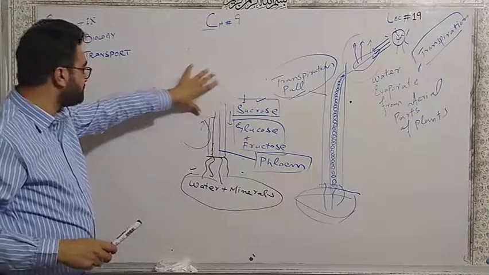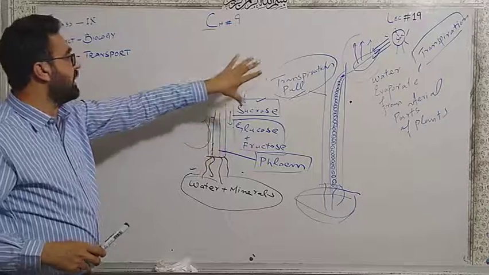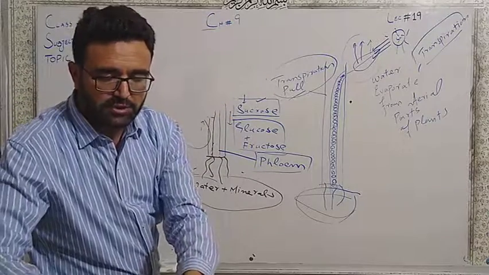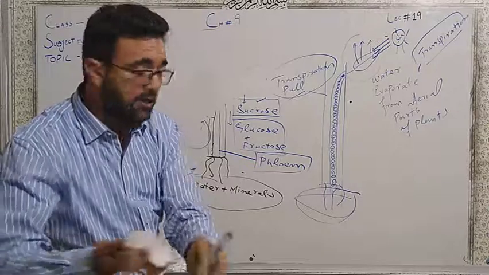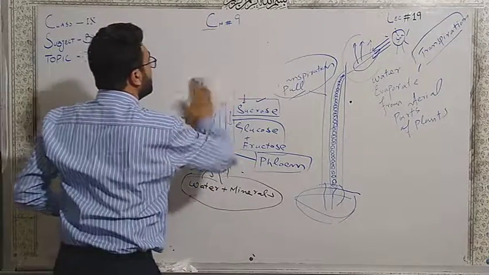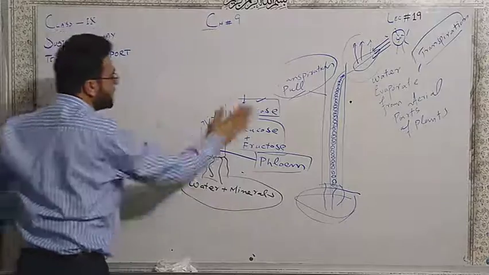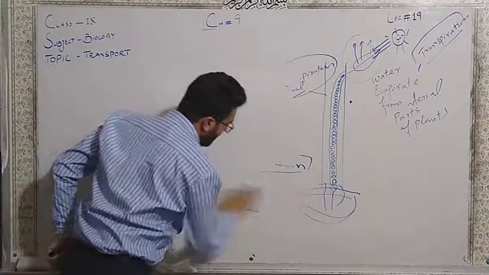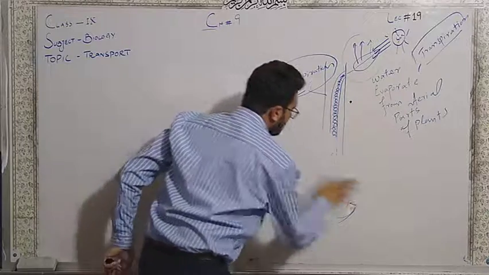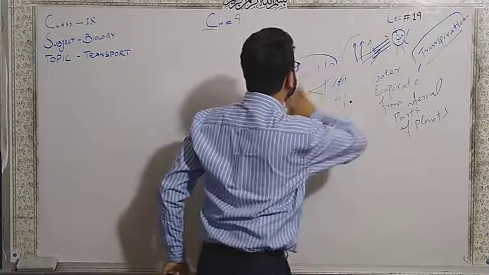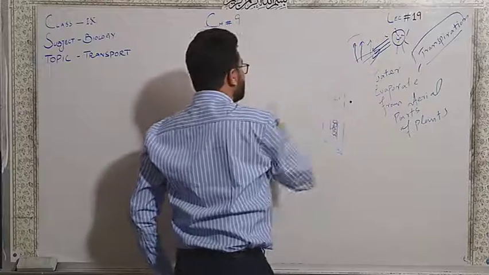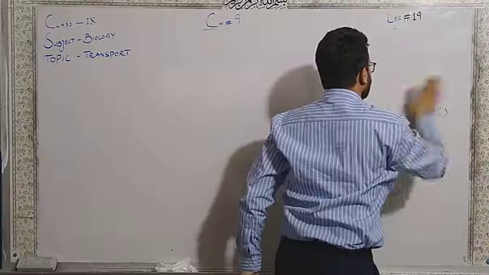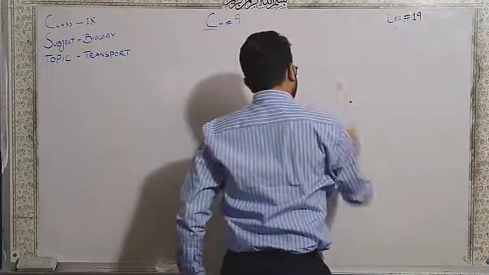Although these pathways and mechanisms are excluded, I still wish that your concepts should be crystal clear about the mechanism. So let me start the transpiration process. The types, and then we will discuss a few factors which affect the rate of transpiration.